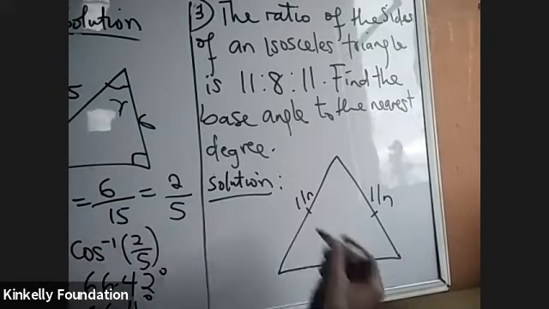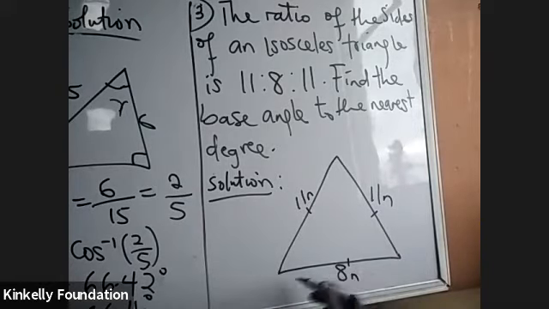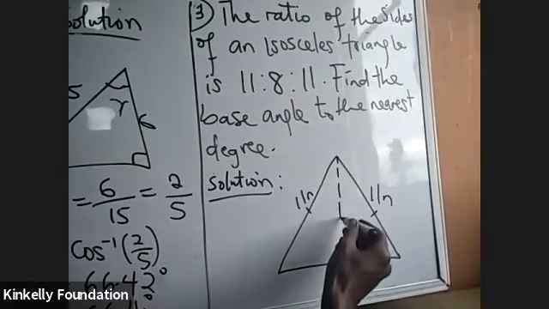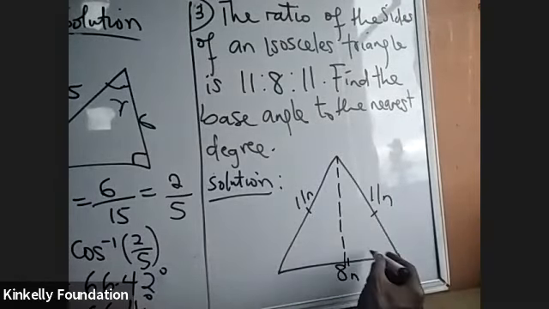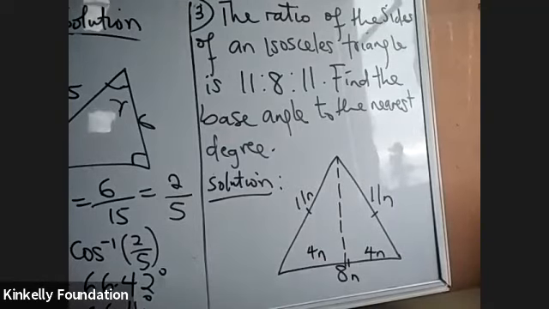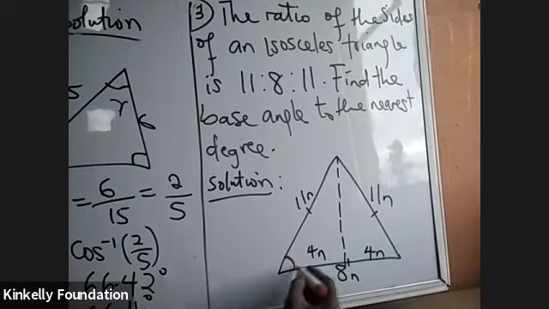Now, if you divide this into two equal parts, here will be 4n, here will be 4n. The question says you should find the base angle to the nearest degree. Look at the base angle, this side and this side.